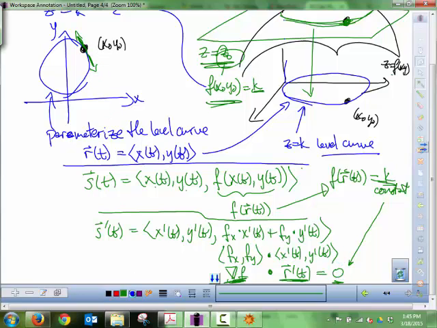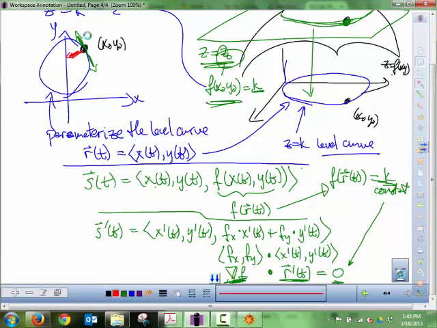That means the gradient and the tangent vector are perpendicular. And since we did this for an arbitrary function, not for a specific function at a specific point, but for an arbitrary function at an arbitrary point, this must always be true.